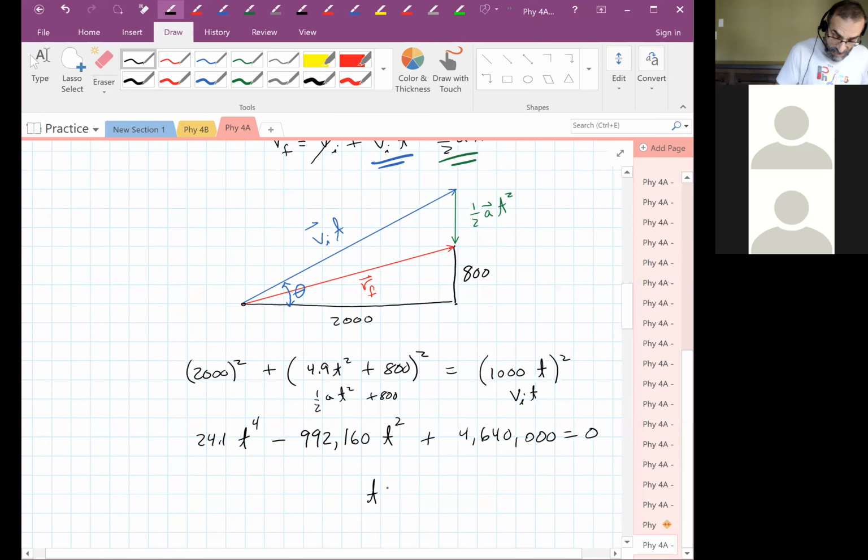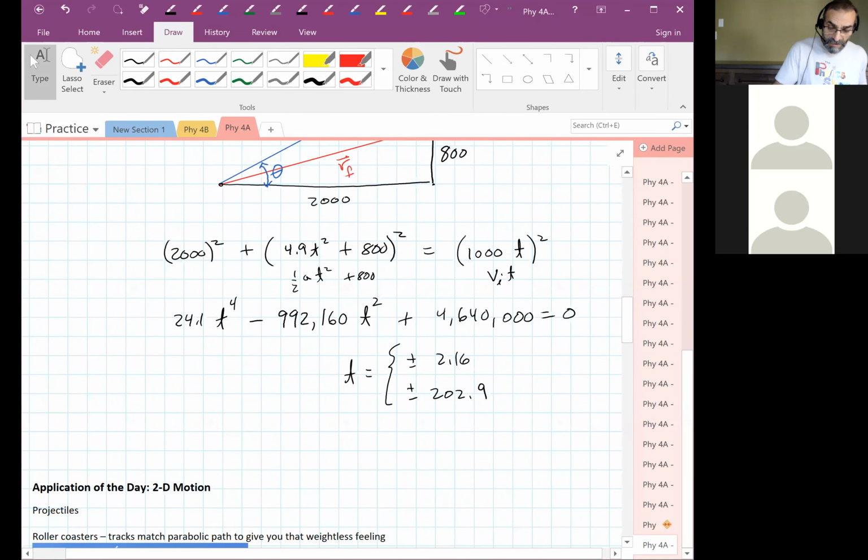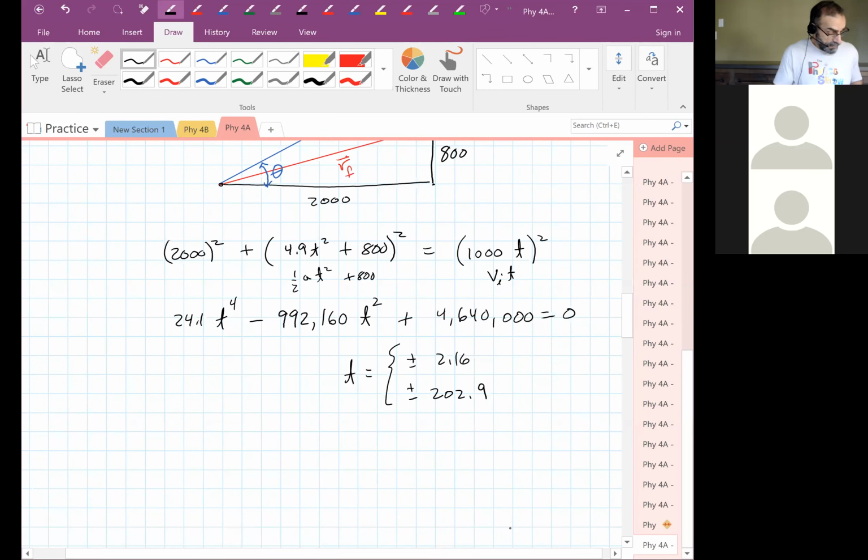So I got t is plus or minus 2.16 or plus or minus 202.9. That's just a quadratic, right? So that was relatively easy to solve. And I got my times.